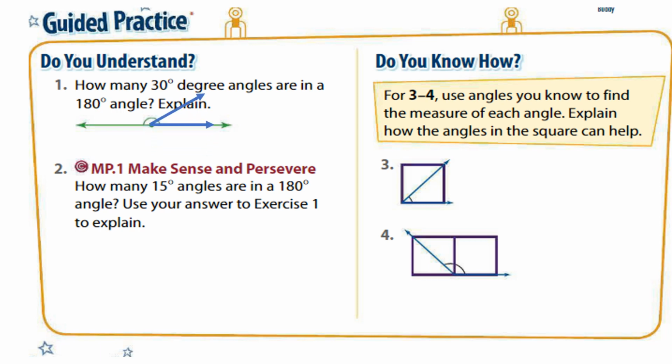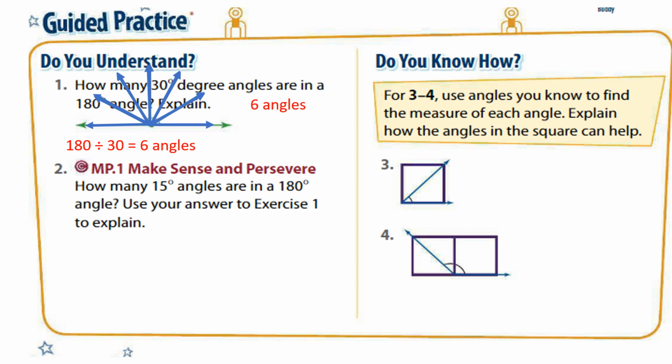Firstly 1, 2, 3, 4, 5, 6. So I put 6 angles of 30 degrees on the angle which measures 180 degrees, so the answer will be 6 angles. That's the first way. Or we can divide 180 by 30, and also get 6 angles.